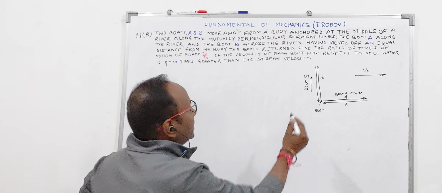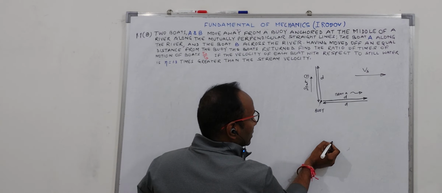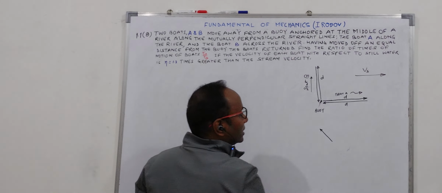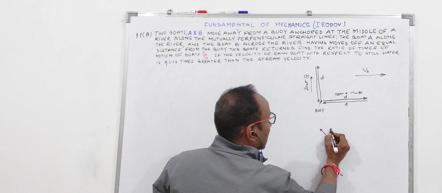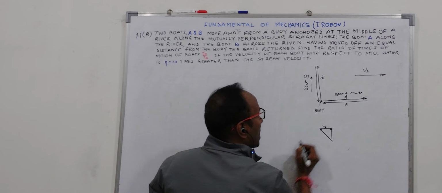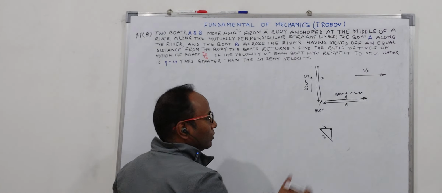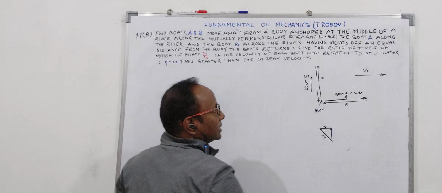So for B to go exactly across the river, B will have to keep his velocity in this direction. So VB plus Vs should be in this direction. The resultant should be in this direction.